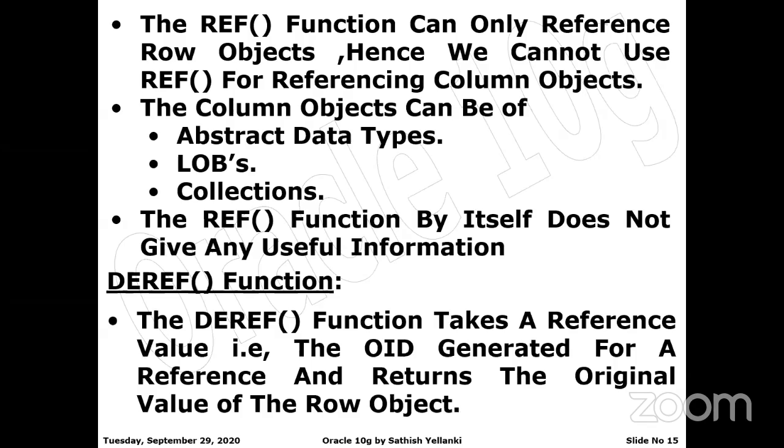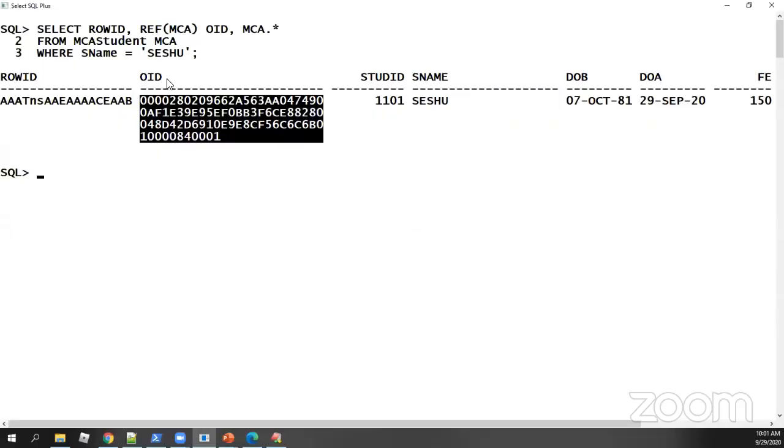One very interesting factor you should always understand is that behind this object ID, Oracle is encrypting the object table's name and its location, the area where the information is stored, and the corresponding object data type on which this object table has been created. All this information is there behind that object ID.